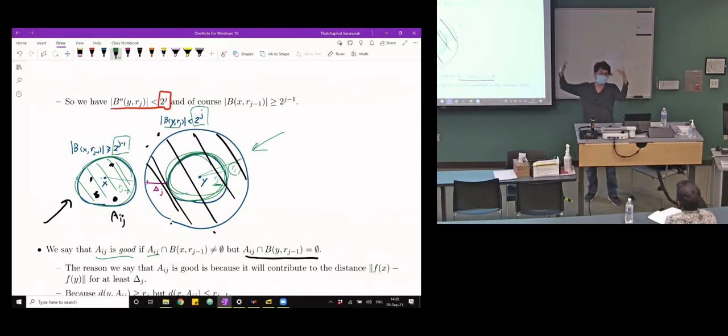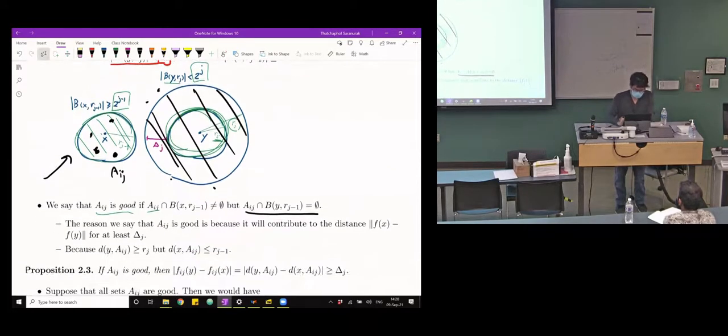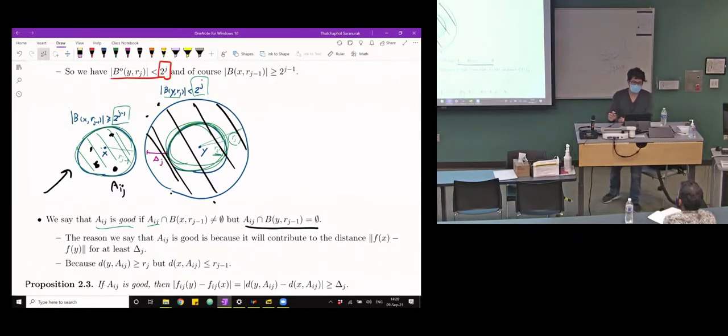It's still 2 to the j at most, and you want to avoid everything around the ball of y. Okay. And you will see that Aij will be good with some probability, but let me explain the reason why we call it good.